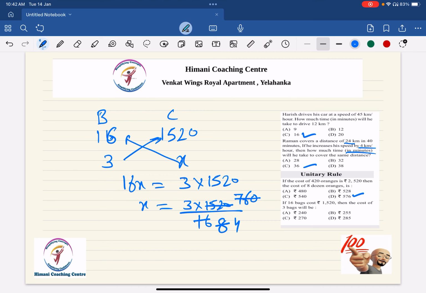So 2 threes are 6, 2 eights are, now 4 nines are 36 and 4 fives are. So 3 into 95. 3 fives are 15, 3 nines are 27 and 1 carried over added. So 285.